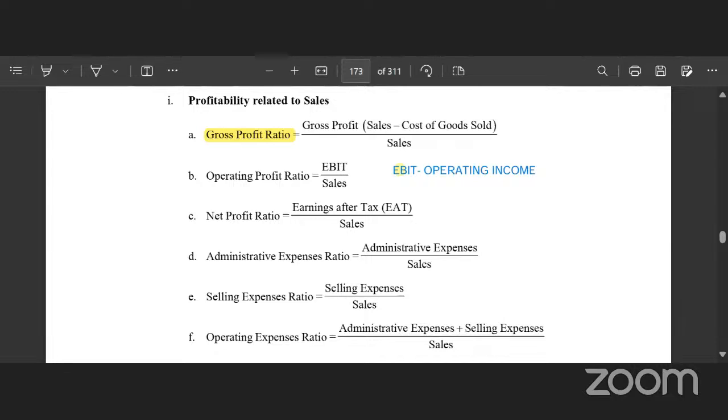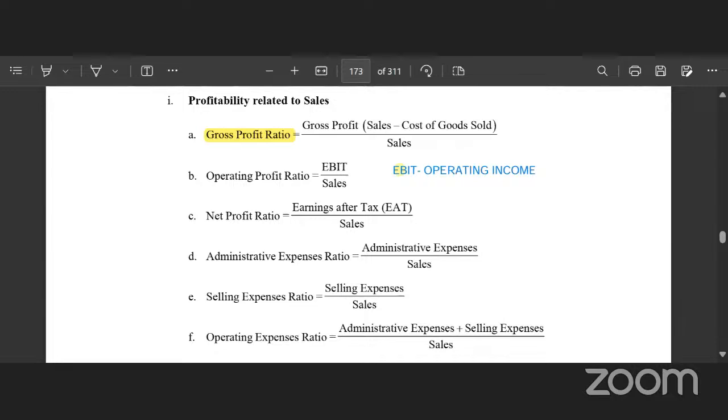Gross profit ratio is gross profit by sales. The operating profit ratio is EBIT by sales, and EBIT is operating income. When you deduct depreciation and amortization and the other expenses from the gross profit, you get operating profit, that is EBIT.